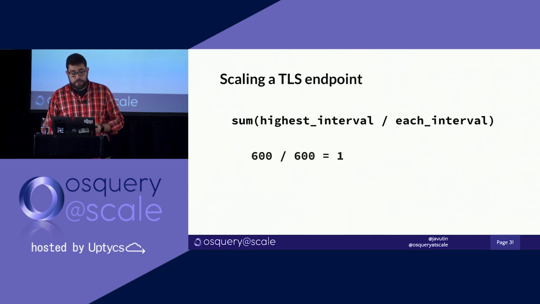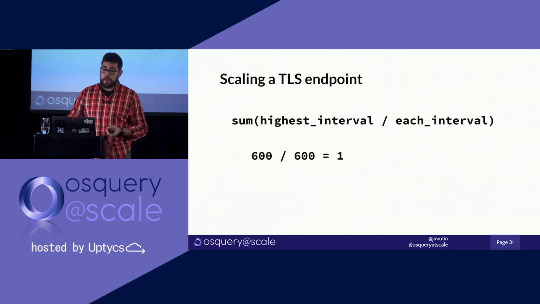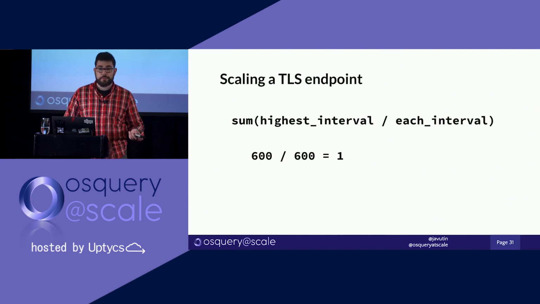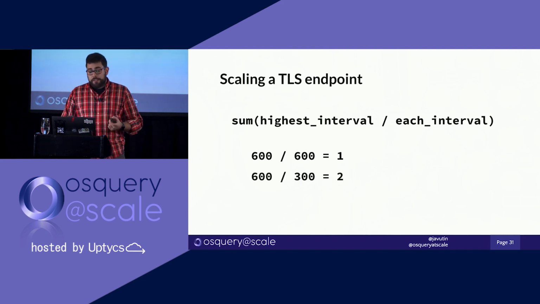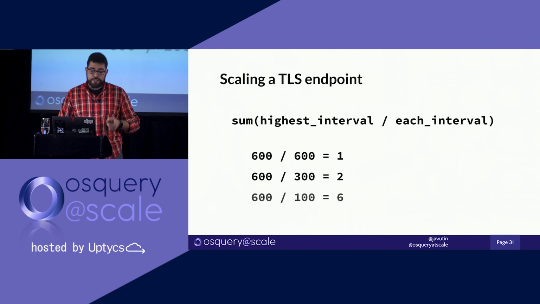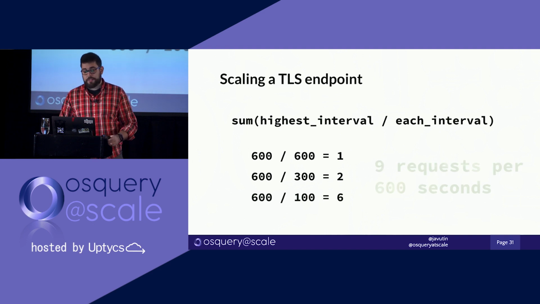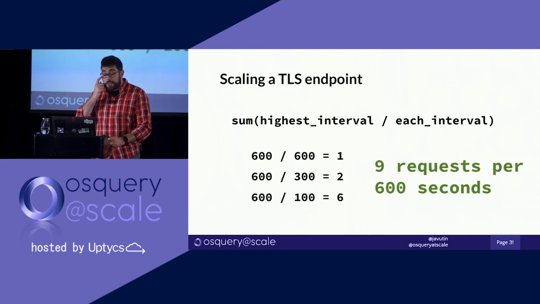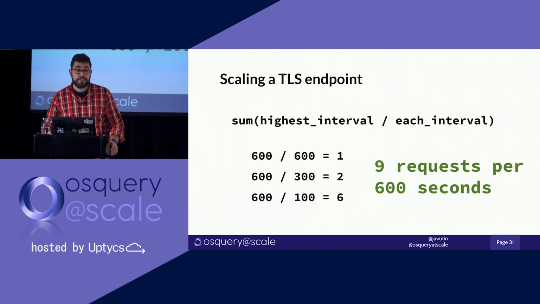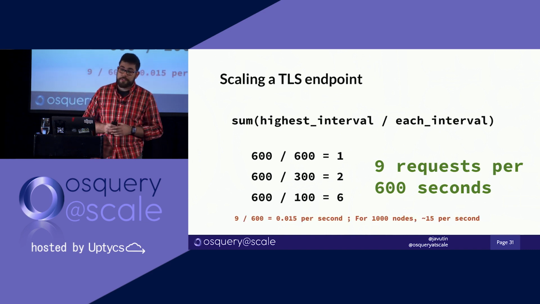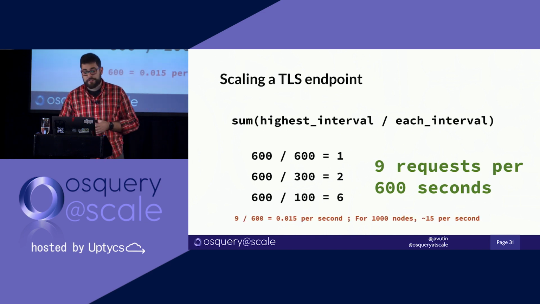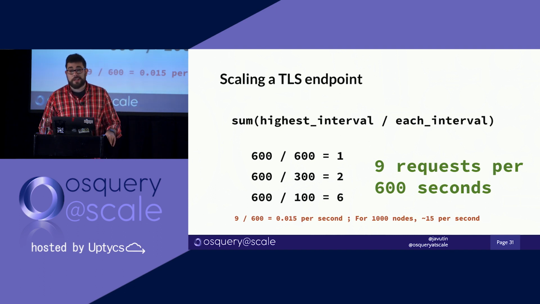So in this case, 600 divided by the highest, 600, gives you 1. 600 divided by 300 gives 2. 600 divided by 100 gives 6. That tells you that you get 9 requests per 600 seconds period, which, divided by 600, is 0.015 per second. If you have 1,000 nodes, that's approximately 15 requests per second.